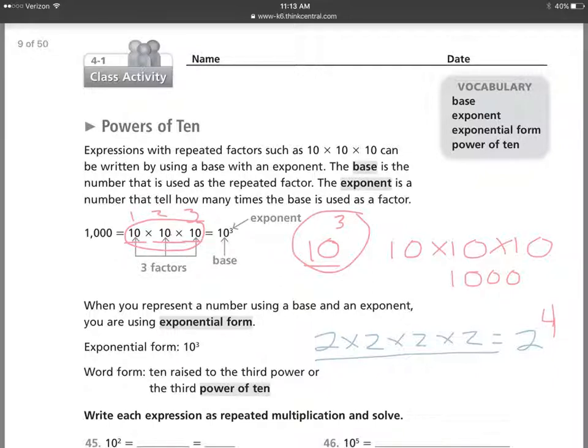It's kind of like a code in math. It's a code. And when you see this, you know what the code means. The code means repeat the base number this many times. And of course, it means to multiply when repeating that base number. There is no other sign you will ever use. Exponents always go with multiplication.